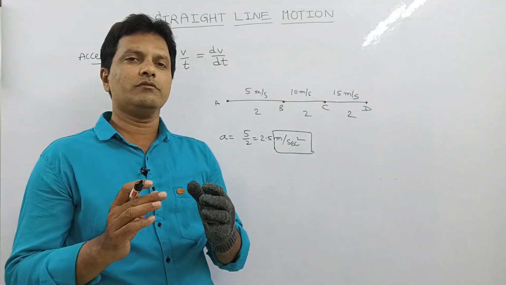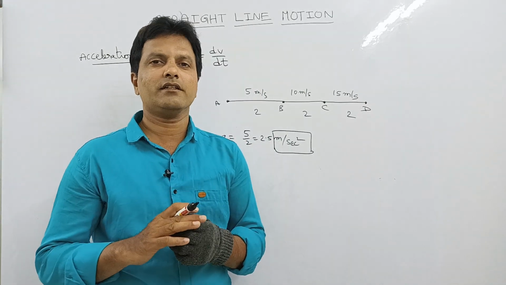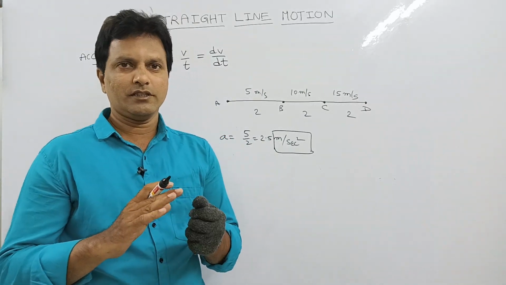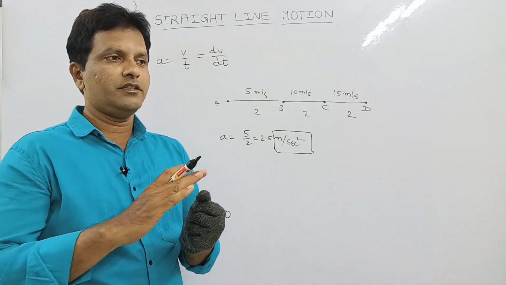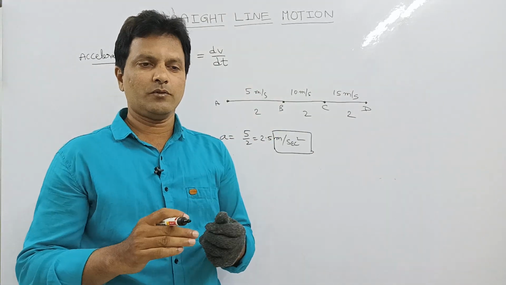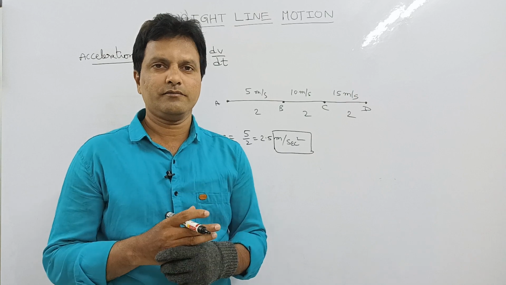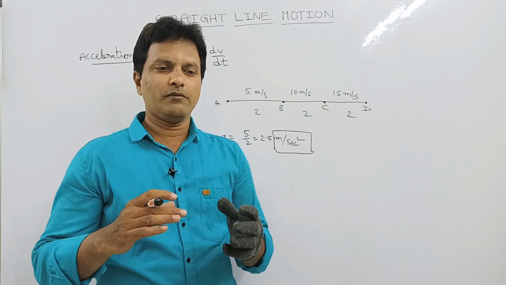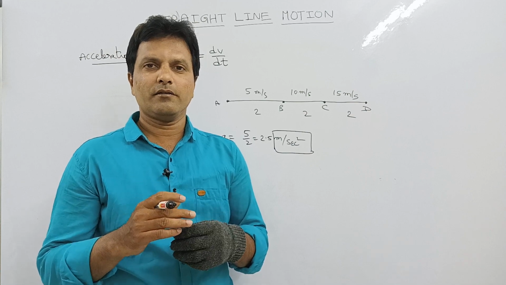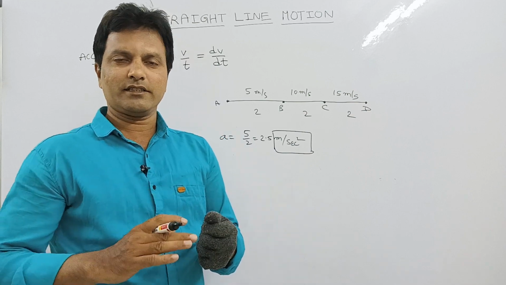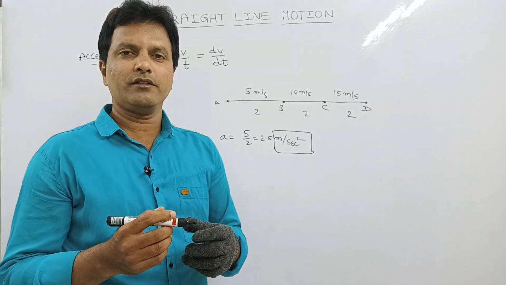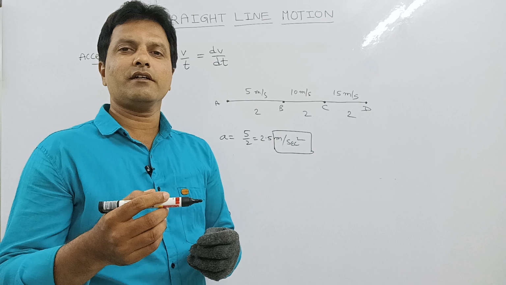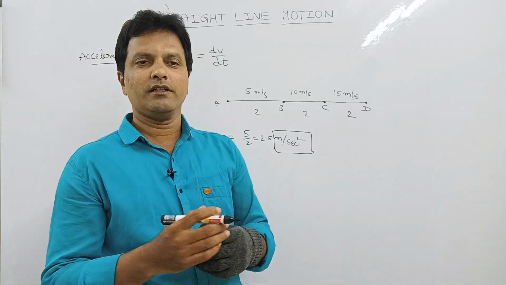See, when a body is moving with acceleration, it starts with zero velocity and the velocity is continuously increasing. Suppose we are going in a car, we start the engine and the car is accelerating from 0 speed to 20 kilometers per hour, 30, 40, around 70 to 80, around 100 kilometers per hour.